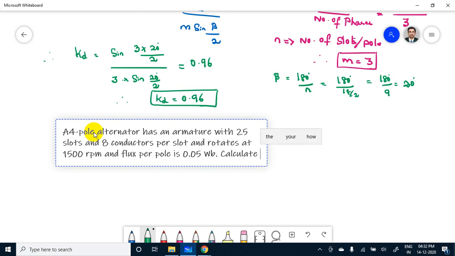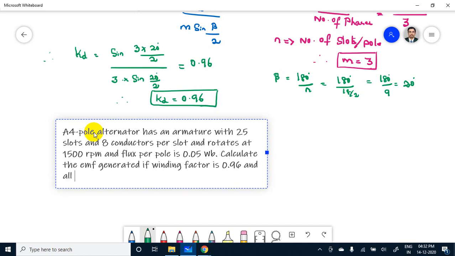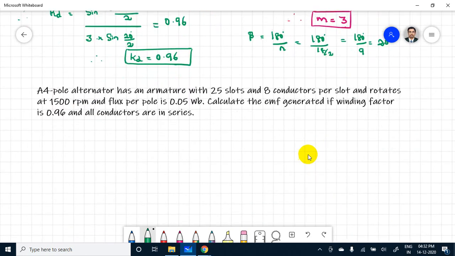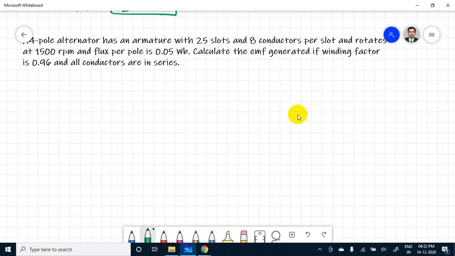Calculate the EMF generated if winding factor is 0.96 and all conductors are in series. Conductors are in series. Okay.